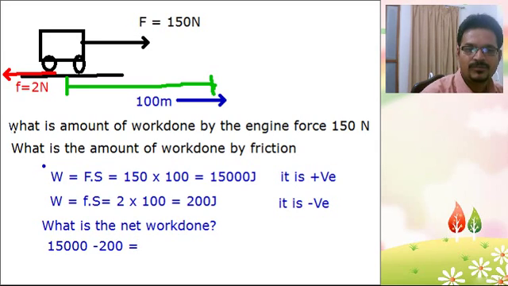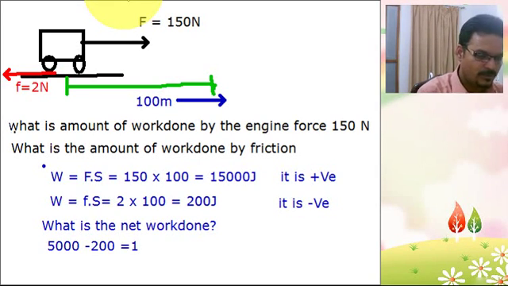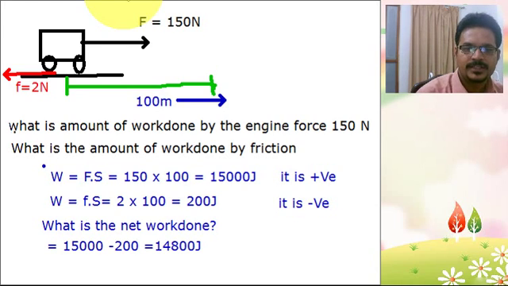So the amount of net work done is 15,000 minus 200, which is 14,800 joules. This is the net amount of work done, and here there is no need to tell the direction because work done is a scalar quantity.